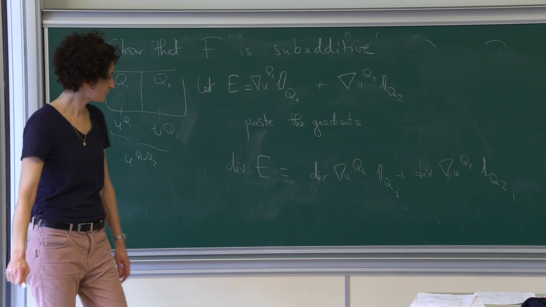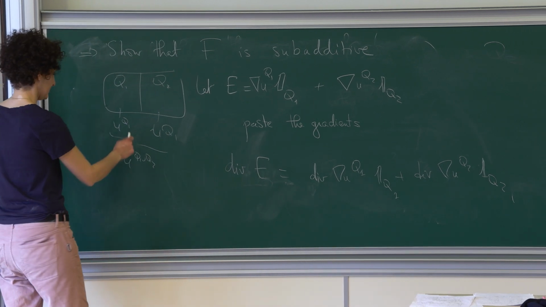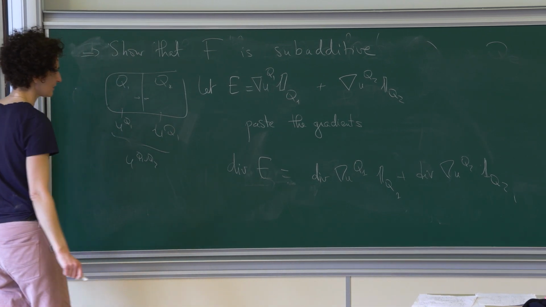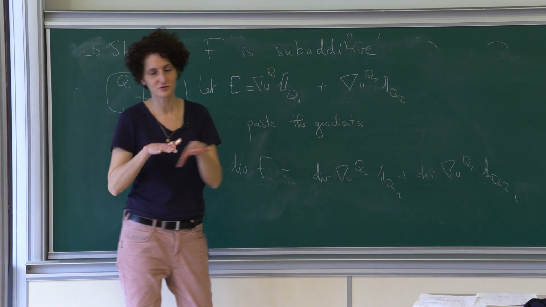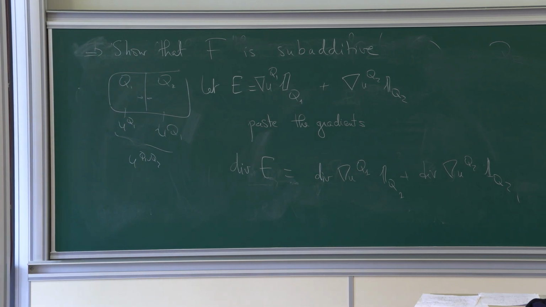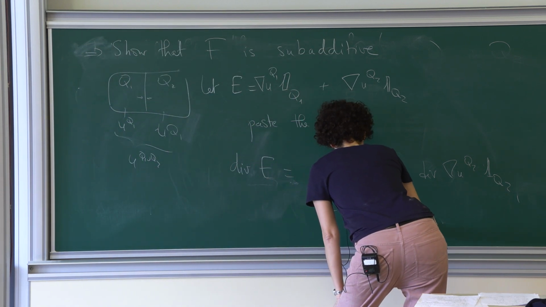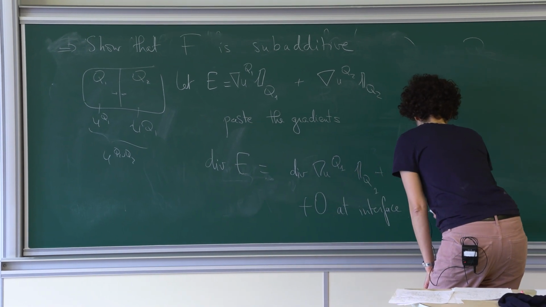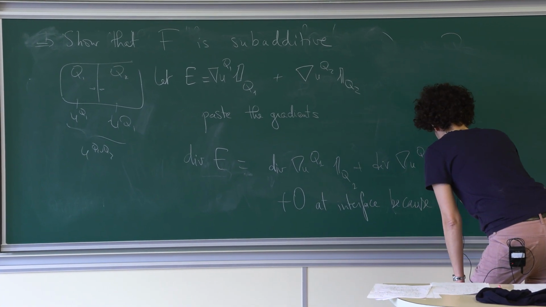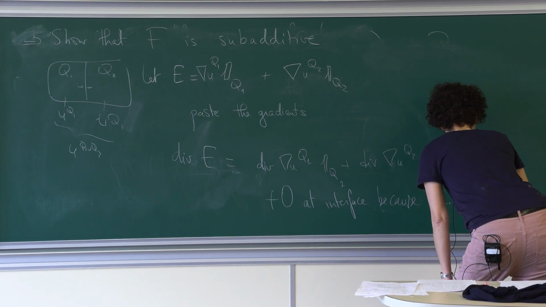Plus, in general, you could have some divergence at the interface, right? But dU d nu of this one is 0, dU d nu of this one is 0. So the divergence of a vector field when there is an interface: there is zero contribution at the interface, because the contribution at the interface would be the jump of E dot nu, and that's 0.